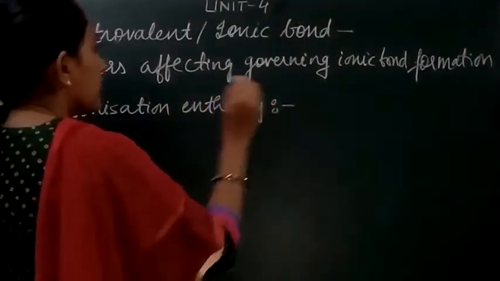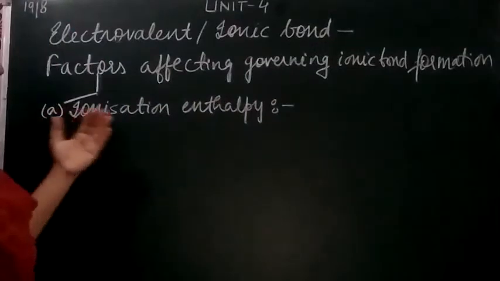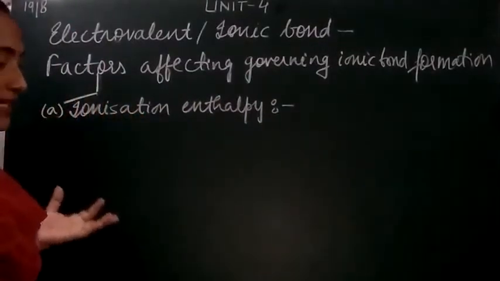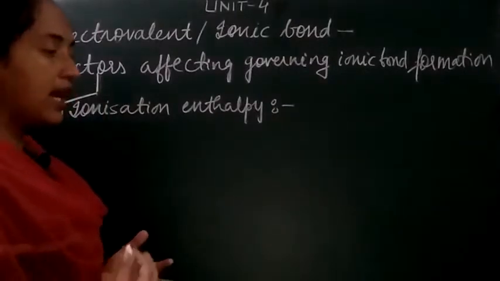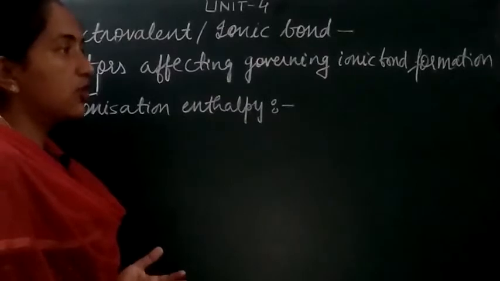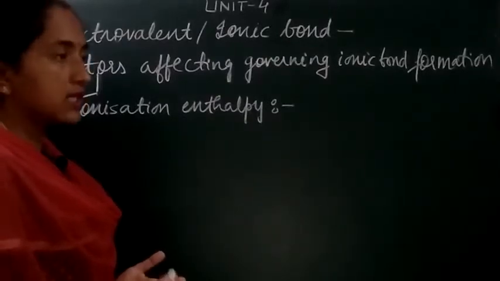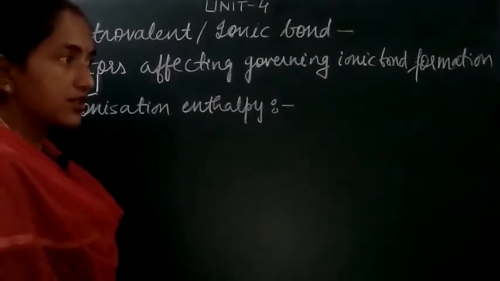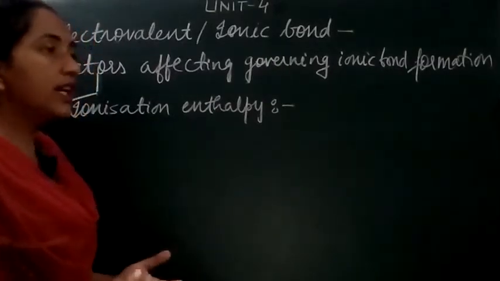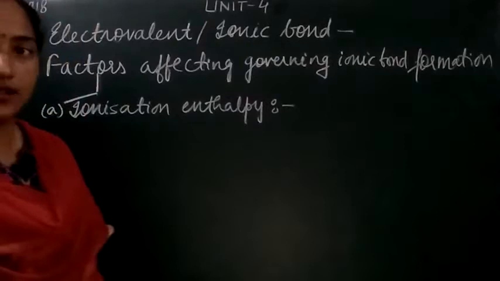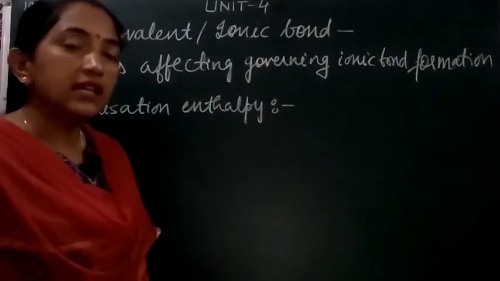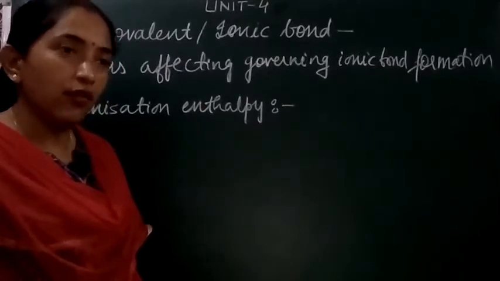Now, for the formation of the ionic bond, the ionization enthalpy is the energy required by an atom to get its outermost shell electron removed to form a stable gaseous cation. So if less energy is required, that means the cation will be formed more easily, right?